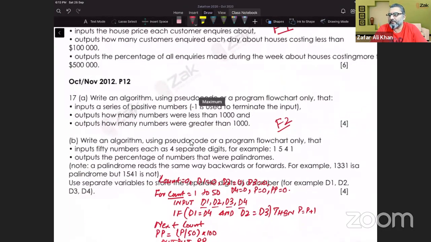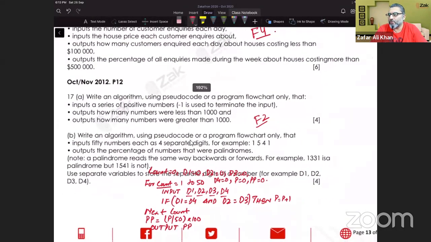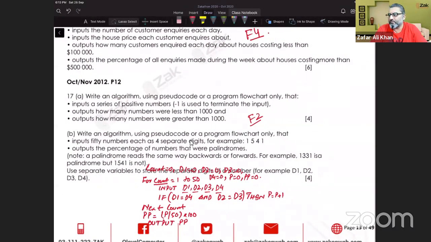It says write an algorithm using pseudocode or a program flowchart that inputs a series of positive numbers. -1 is used to terminate the input. It is the same sort of question, but this is while with counting with decision, because it says how many.